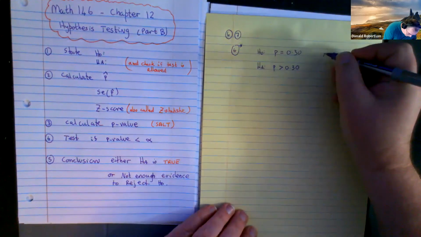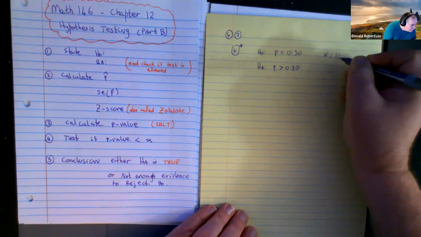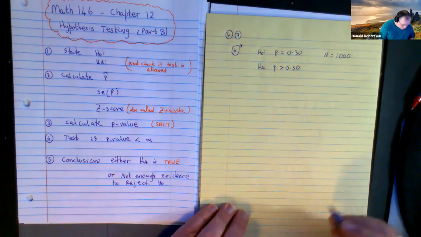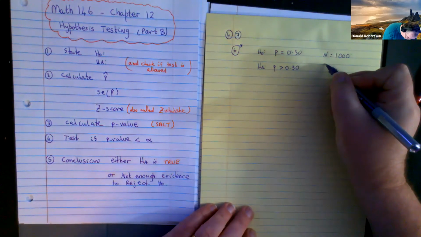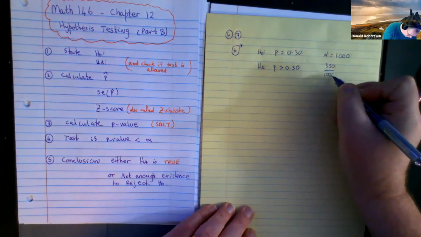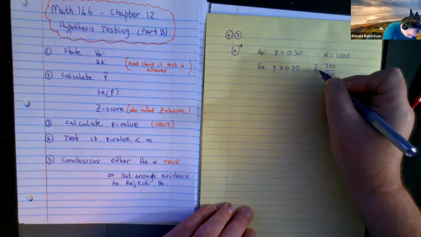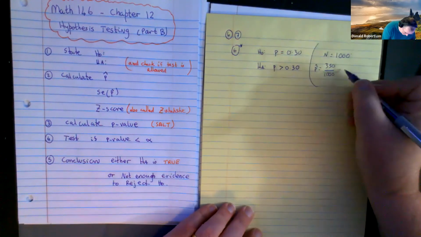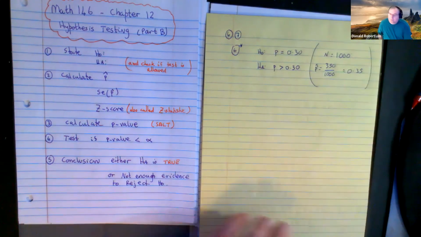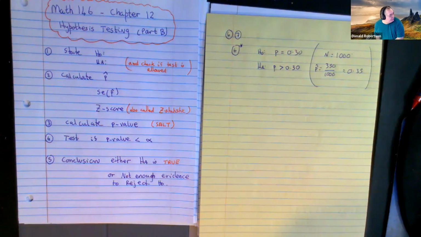In this story, they got 1,000 individuals, and 350 of them had that blood type. So what they've just told me there is that p hat is 0.35, right?